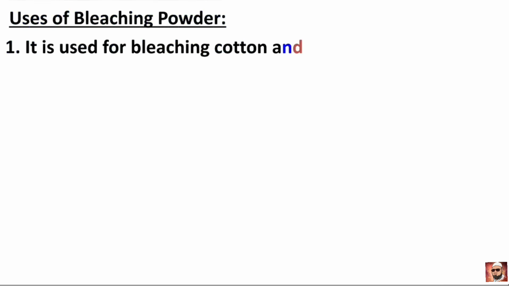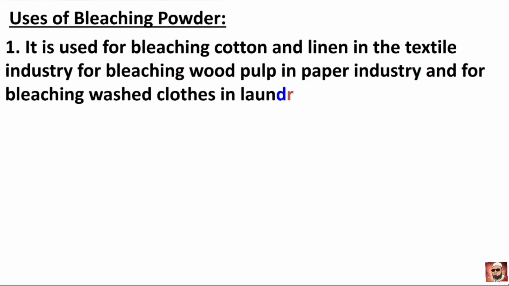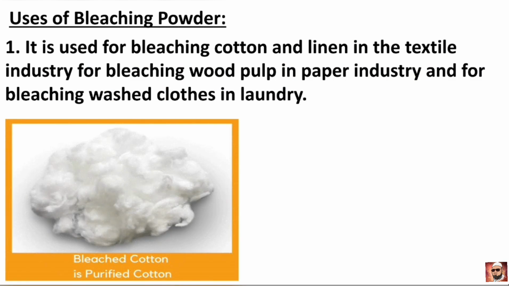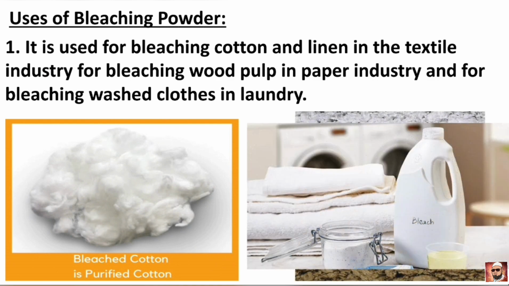This bleaching powder is used in the manufacturing of cotton and linen textile. It is used for bleaching wood pulp. It is also used in bleaching washed clothes in laundries.